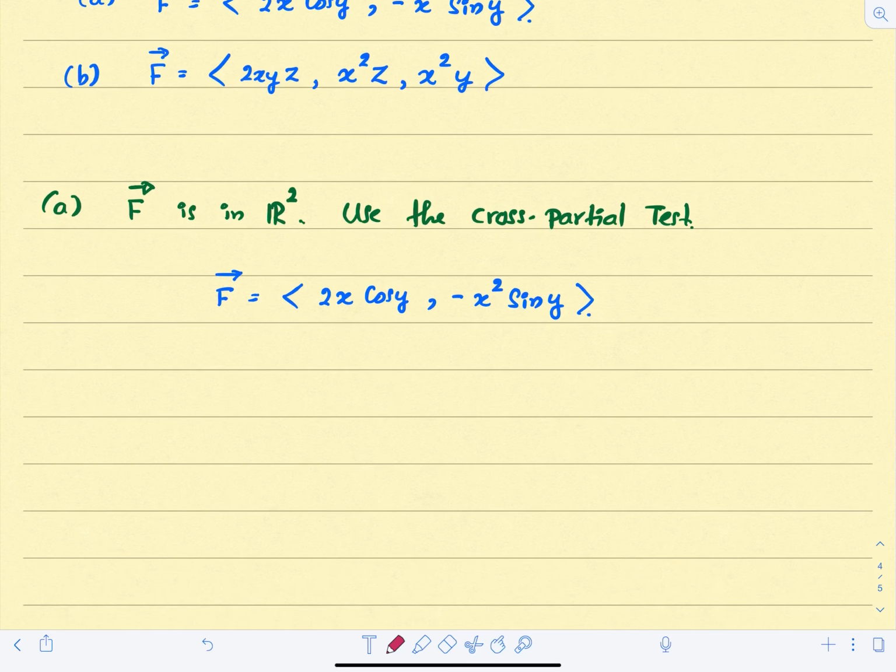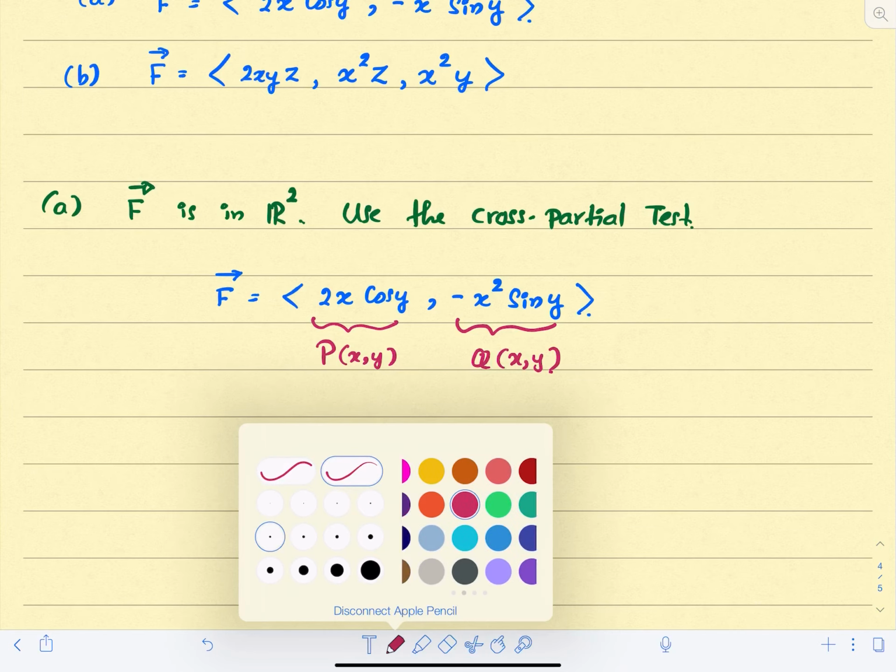So this is my vector field F. It has two components. My first component is, let's say, P. Second component is Q. Okay, now let's apply the cross partial test.